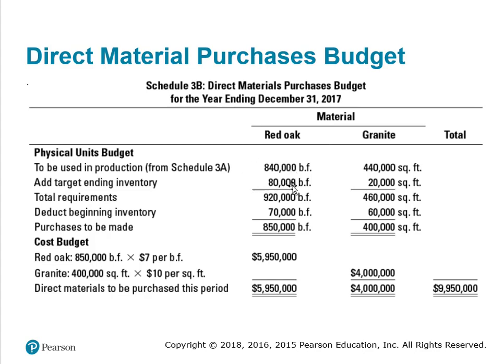We need so much ending inventory, right? So that's everything that we need. We can subtract what we had on hand at the beginning, or beginning inventory, and this is what we've got to purchase. Now the amount that we've got to purchase, we can multiply that times the cost per board foot and get our direct materials to be purchased this period.